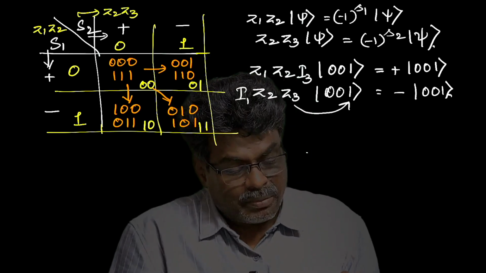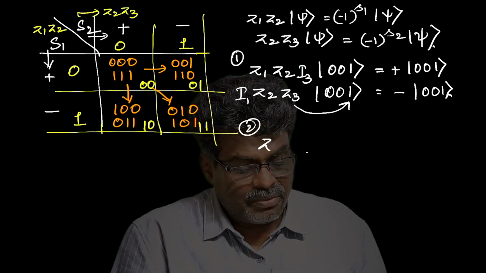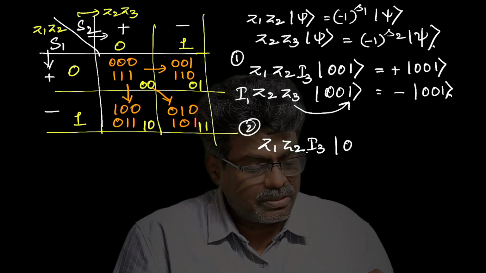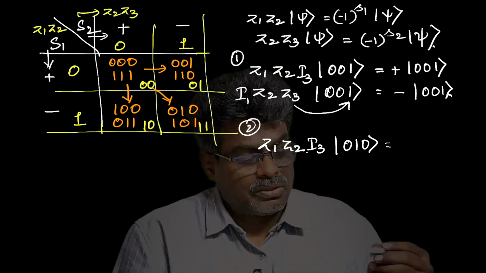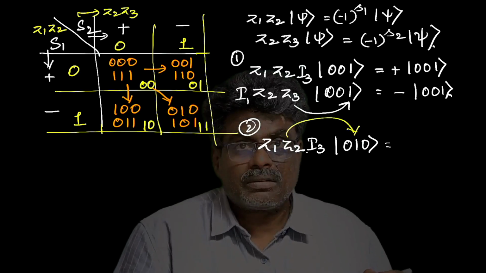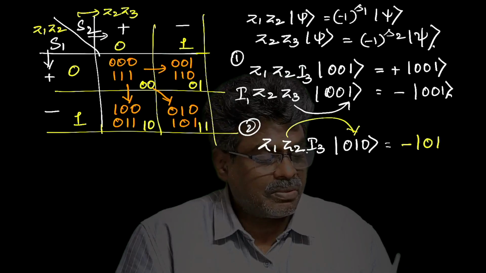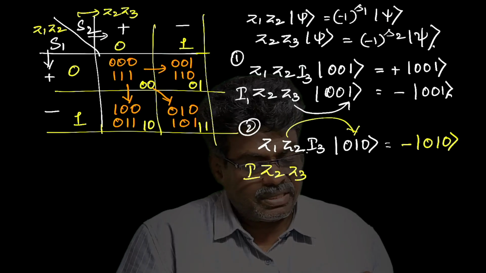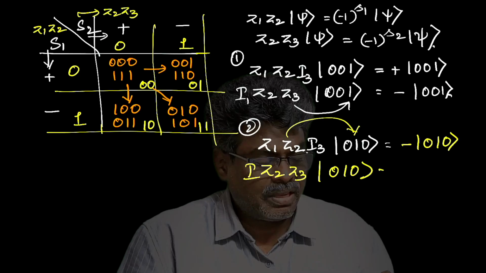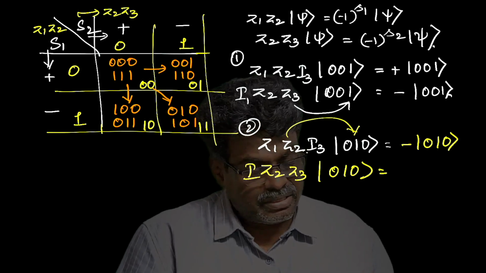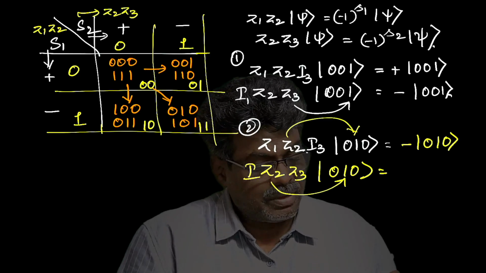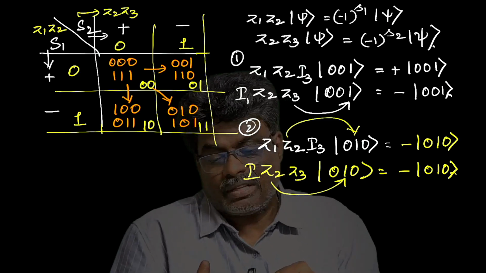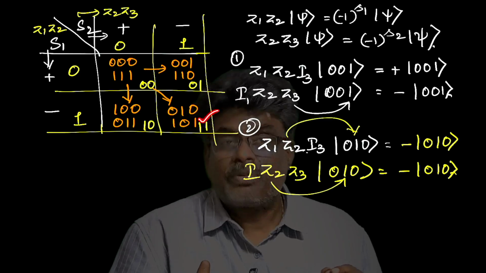So if you take one more example, Z1, Z2, and I3 operates on 0, 1, 0. So here Z2 operates on 1, so you will get minus parity 0, 1, 0. And similarly Z2, Z3, the first one is I, so 0, 1, 0, here again this Z2 operates on this, we get minus. Similarly you can check the other one also, this one also you can check.